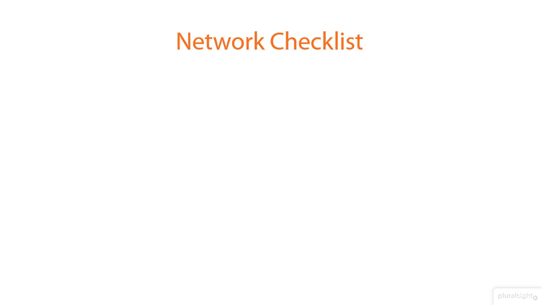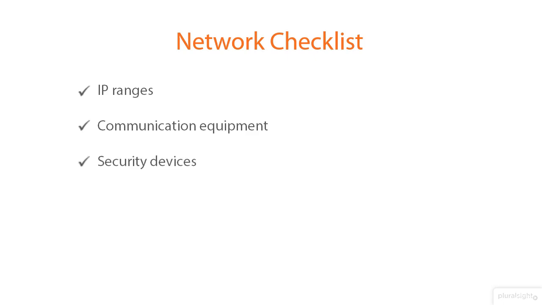Before starting with testing your client's network, you need to make sure that you have an updated topology of the network that includes servers' IP addresses and LAN's IP address ranges, routers, switches, and other communications equipment, security devices like firewalls or intrusion detection systems or intrusion prevention systems.